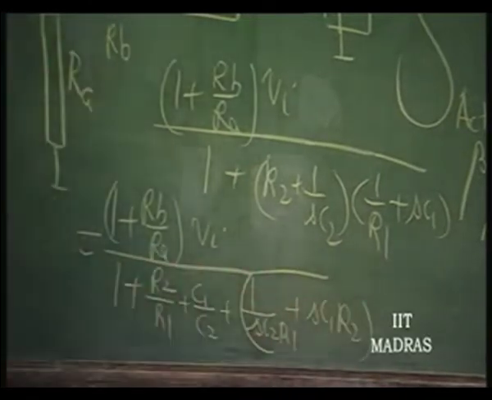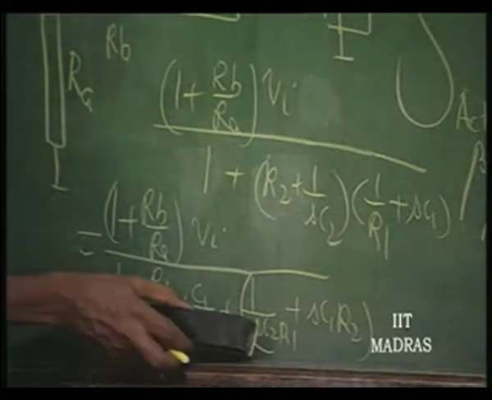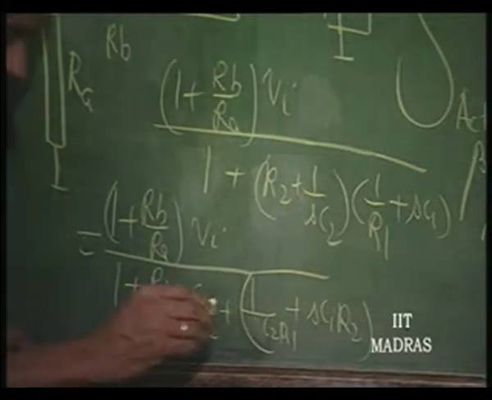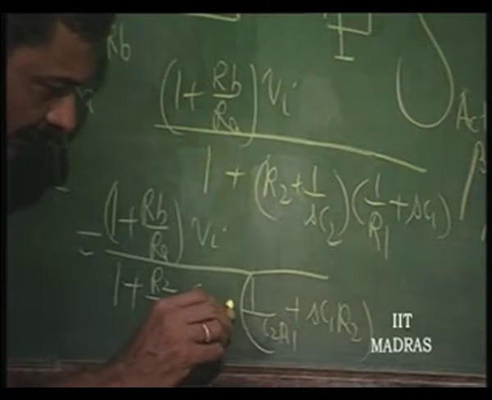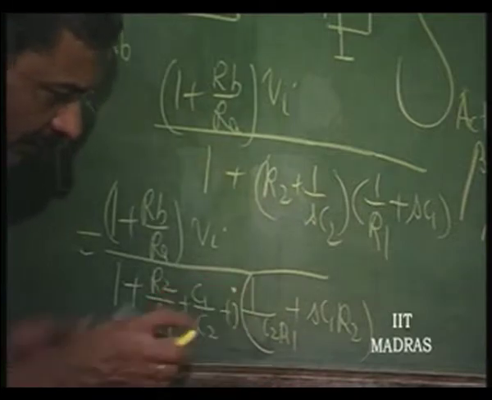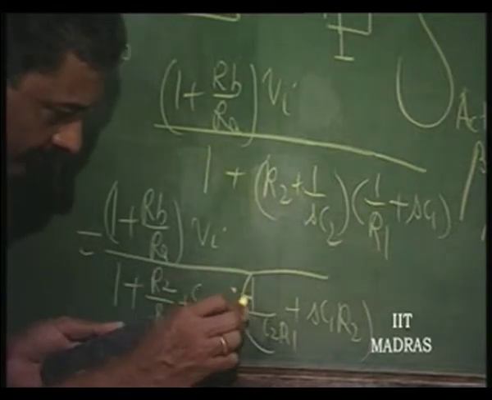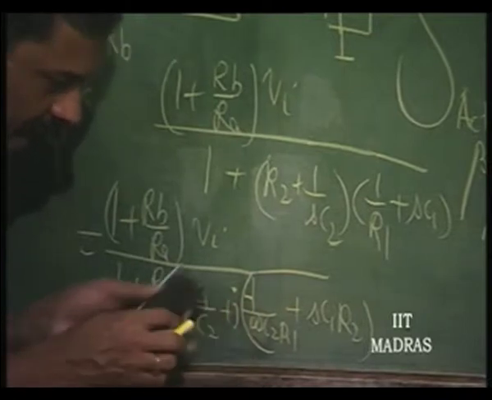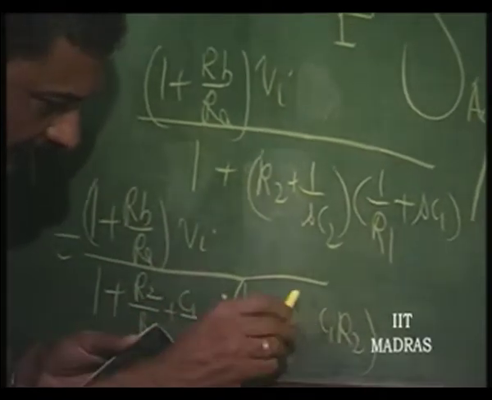This was frequency dependent, and I brought out the J here, so this became minus omega and this became plus omega.